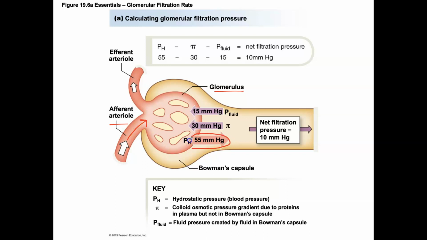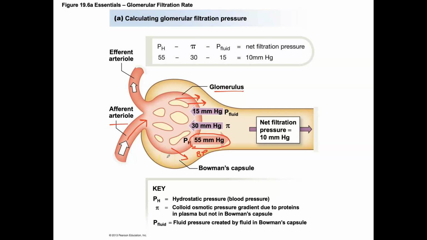The capillary blood pressure averages about 55 millimeters of mercury as it enters into Bowman's capsule. And so this is, in essence, the blood pressure that is going to be pushing material through those pores and through those filtration slits and pushing material into Bowman's capsule. So it's that 55 millimeters of pressure.